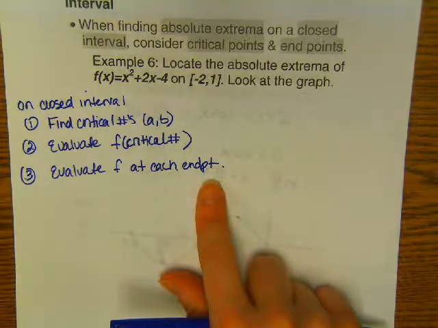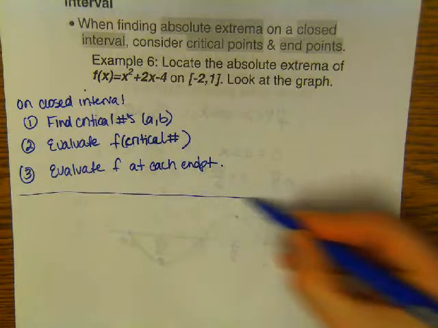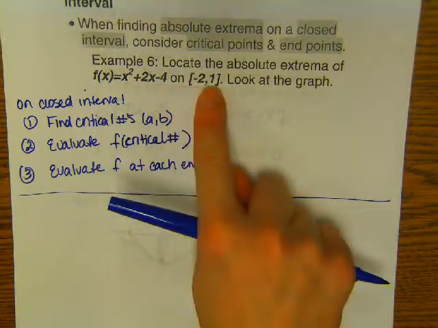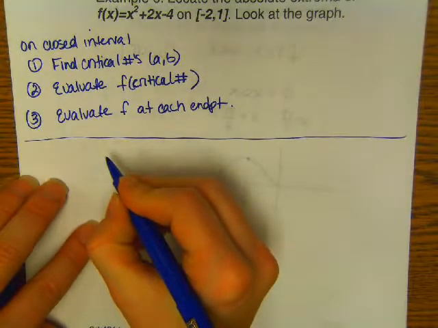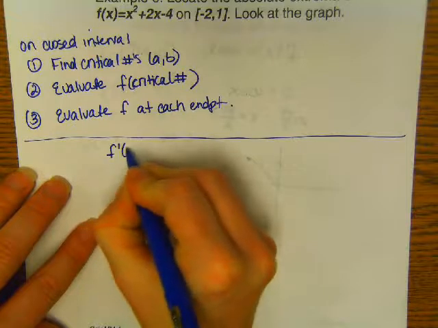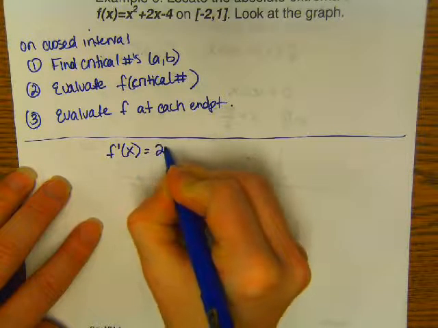Okay, so how do I find the critical numbers on the interval -2 to 1? I am first going to find the derivative and set it equal to 0. That's how we find critical numbers. That would be 2x plus 2. Okay, where does this equal 0?